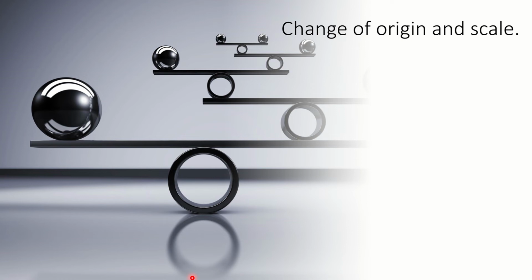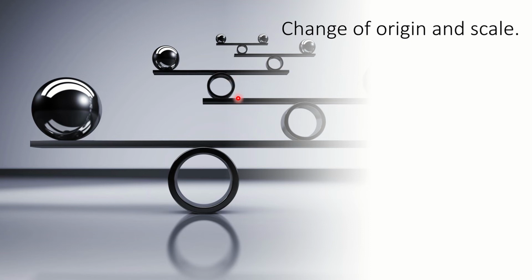From the third property of the arithmetic mean, you know that if you transform data linearly, the mean is transformed accordingly. Change of origin means you add or subtract a number, whereas change of scale means you multiply or divide every observation by a number.